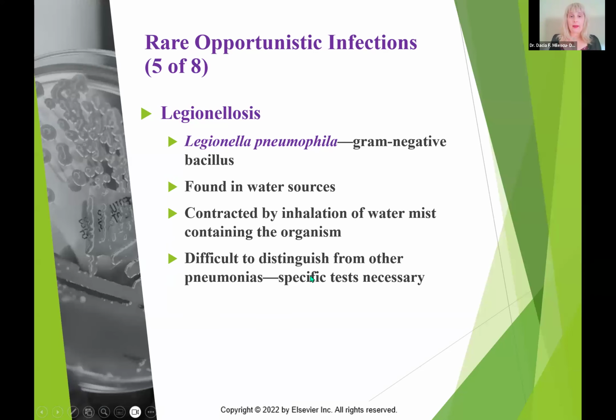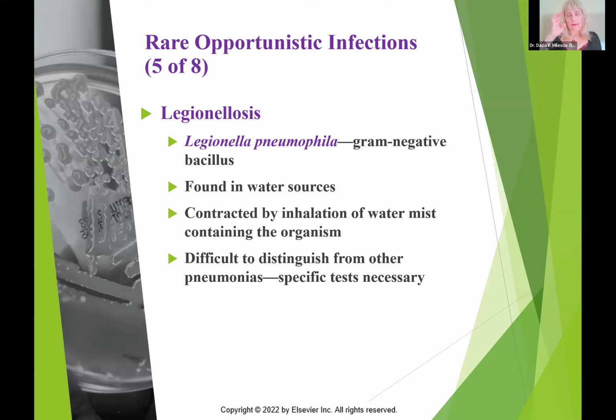Next one is caused by, believe it or not, we discovered it through, I think it was the 1960s or early 70s. There was a hotel that had an AC unit that had a huge culture of Legionella, and everyone called it Legionellosis, but the bacteria is called Legionella pneumophila.